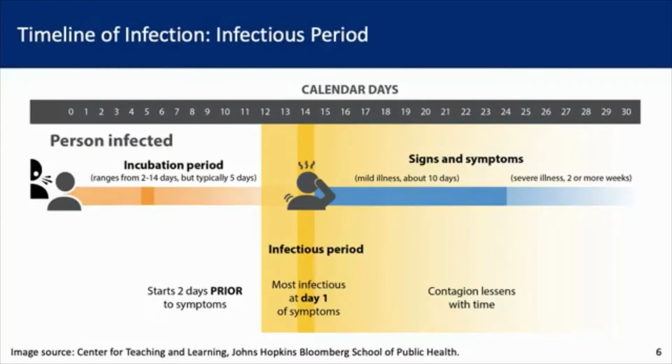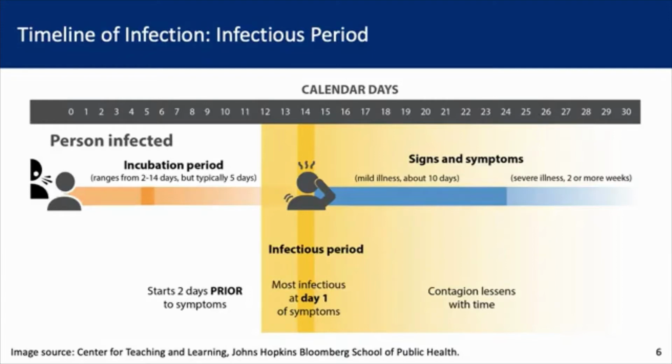Let's also recall the timeline of infection and infectiousness. So here we can see that someone has been infected. You can see in the orange line their incubation period, and that's the time between when they become infected and when they develop signs and symptoms. Then you can see in the blue line, after they develop signs and symptoms, how long they'll have the disease.